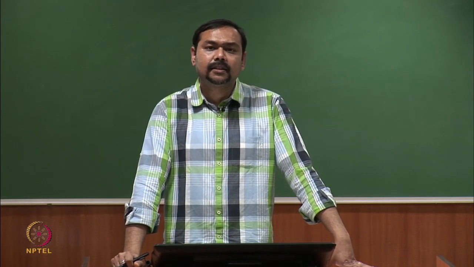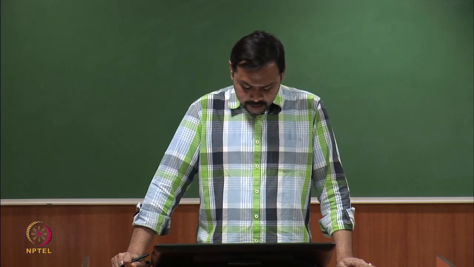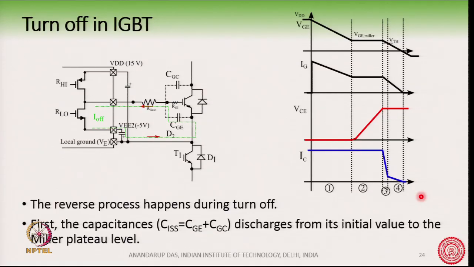Now, the turn off process is the other process. Of course, the turn off process is an exact replica, but in a reverse fashion. So, at first these two capacitances are discharging from their initial value. How is the circuit behaving?